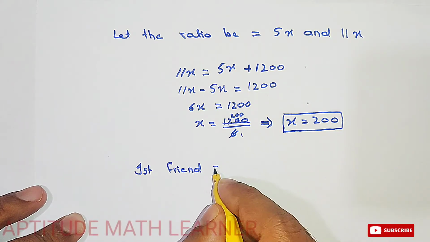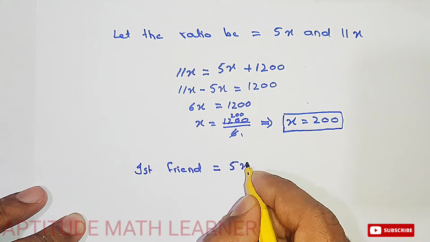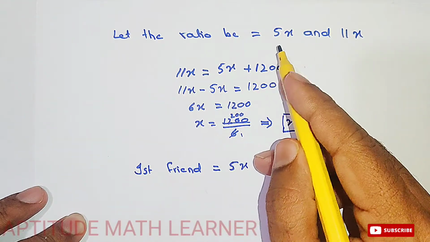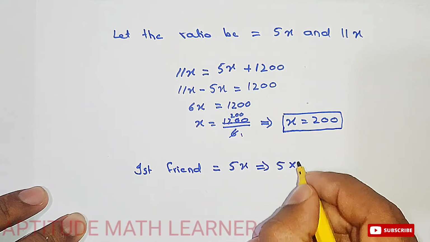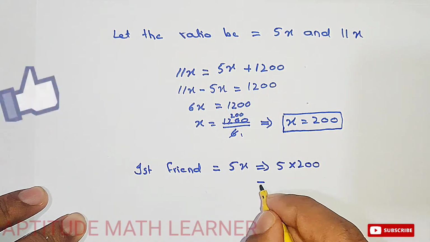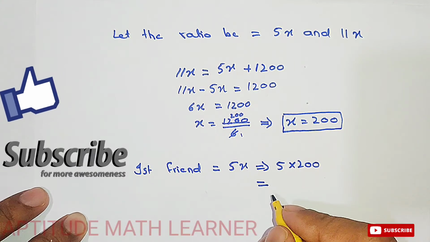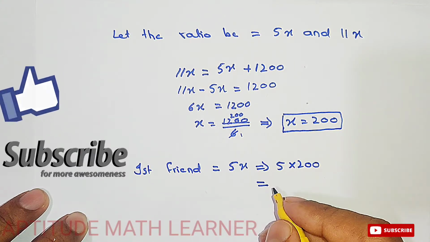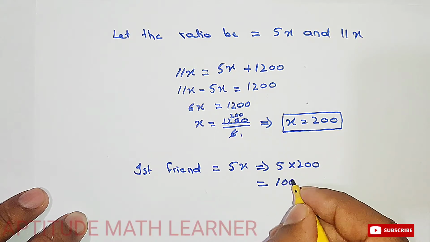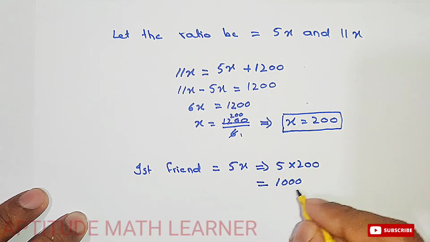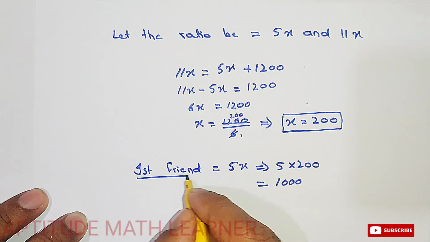We have taken the first friend as 5x. This becomes 5 multiplied by 200, and we get the amount for the first friend, that is 1,000.